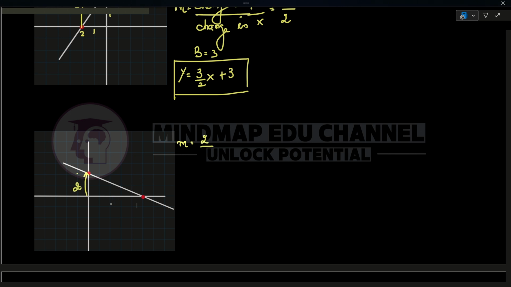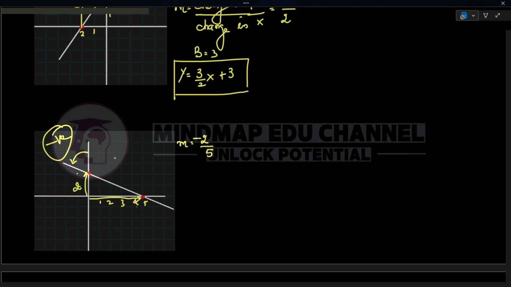And the change in x is from here: 1, 2, 3, 4 and 5. So it is 2 over 5. But you see the line is slanted towards the left. Left means, remember, it's like the graph of y equals minus x, with a minus sign. So here it will be a minus sign.